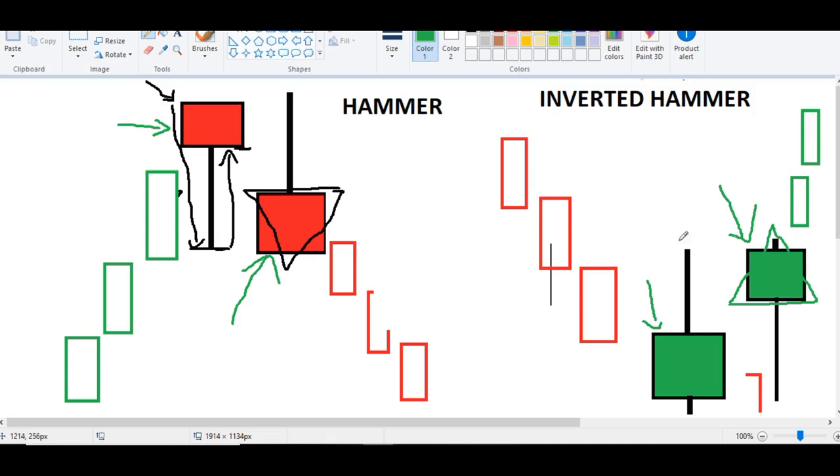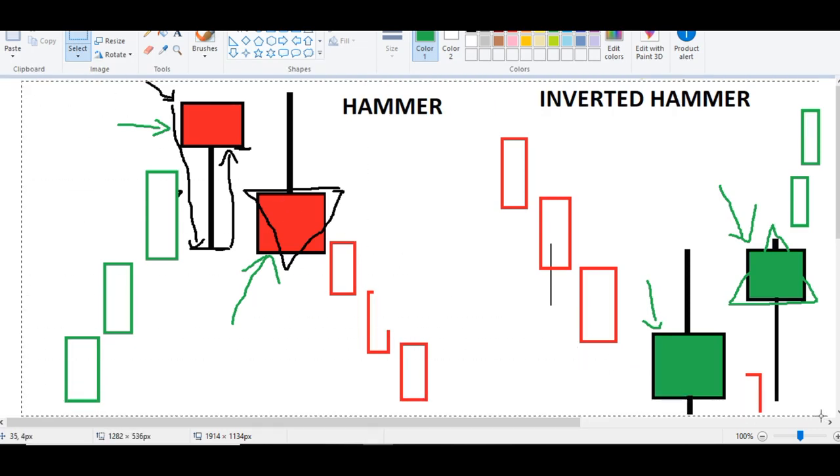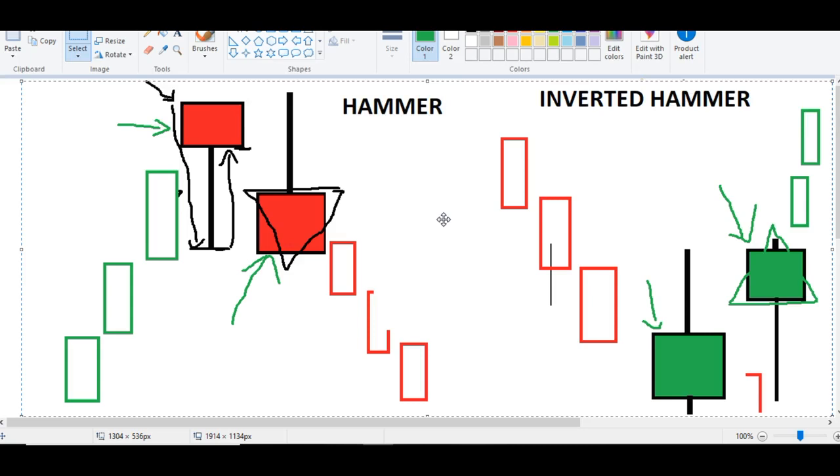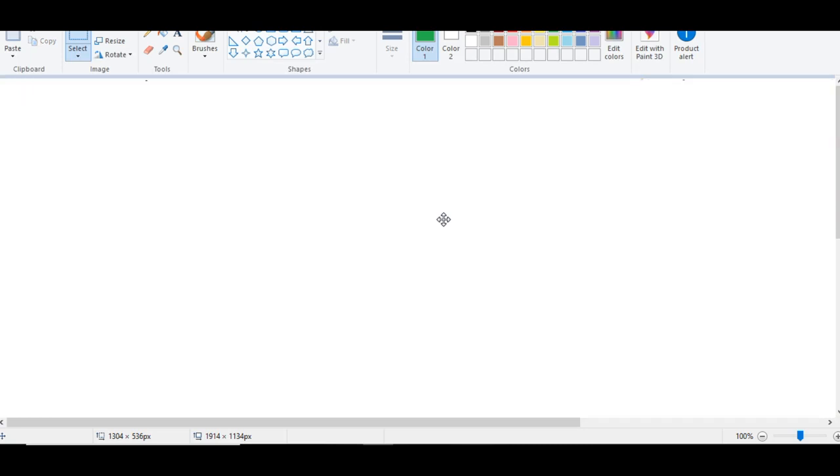And if you have both of them together, many times you will see both of them together at the top of the trend or bottom of the trend, that is a very, very strong signal that price wants to reverse. So this is the hammer pattern, a very, very strong candlestick pattern, works beautifully well, and we'll see how.